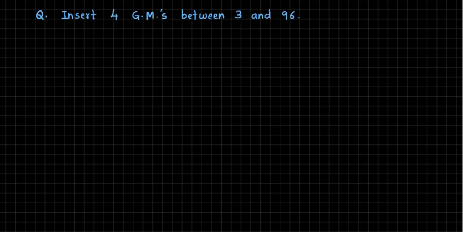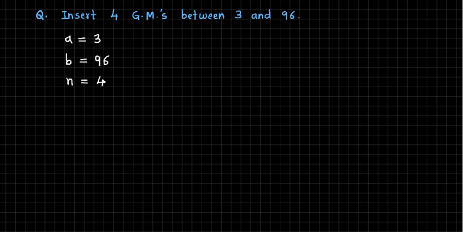Now let us go ahead and solve one question based on inserting the means. Here we have to insert 4 geometric means between 3 and 96. So here the first number is a, which is 3, the second number is 96, and within these two numbers we have to insert 4 means, so therefore n is equal to 4.